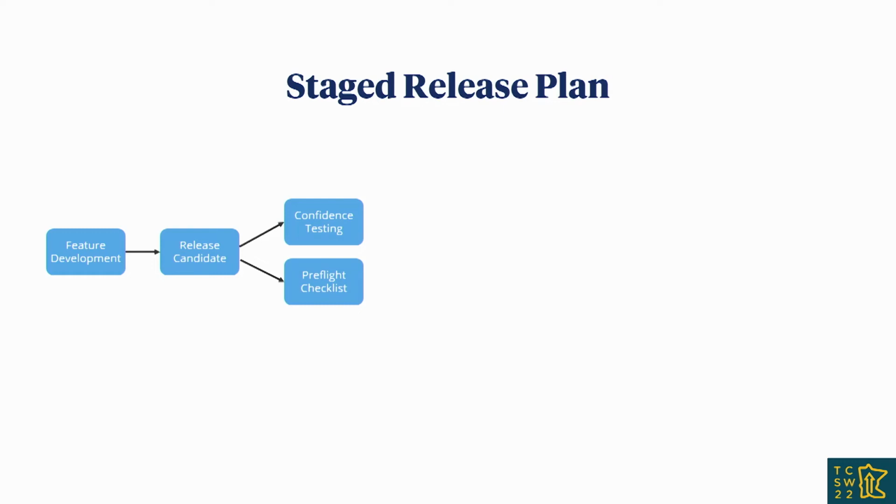The notion of confidence testing is to take your working team and get that release candidate on their device. Use it like real users. You're test driving your product. This is the dog fooding approach. You're hoping to gain confidence as a team that the work that you've done is in a good spot and ready for prime time. At this same time, we like to kick off kind of an audit against our pre-flight checklist.